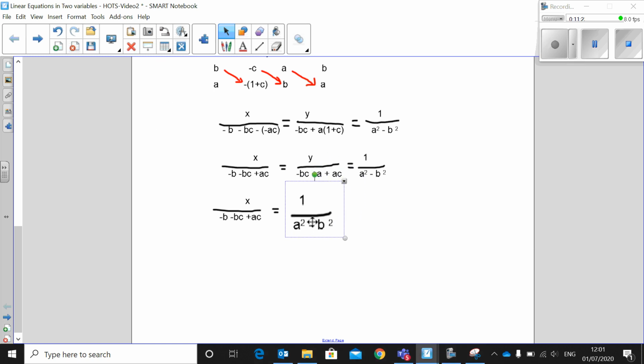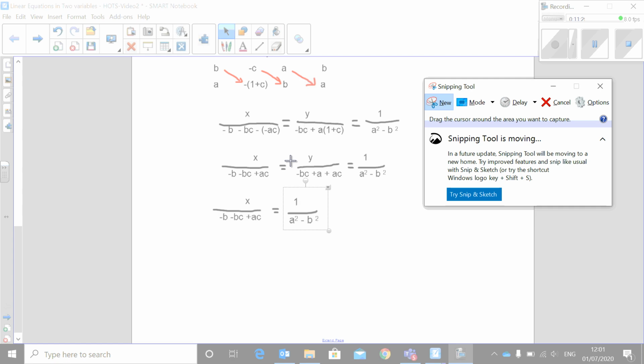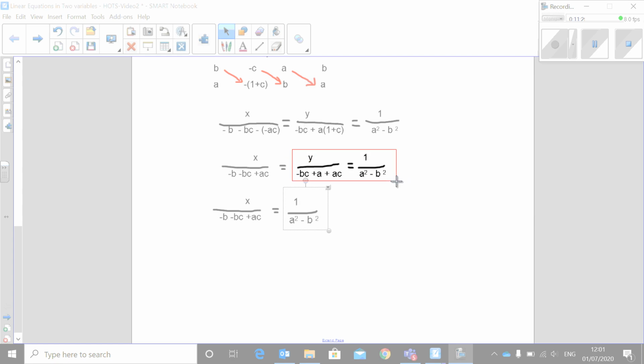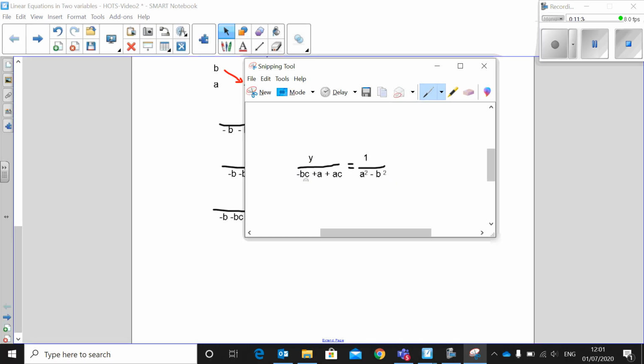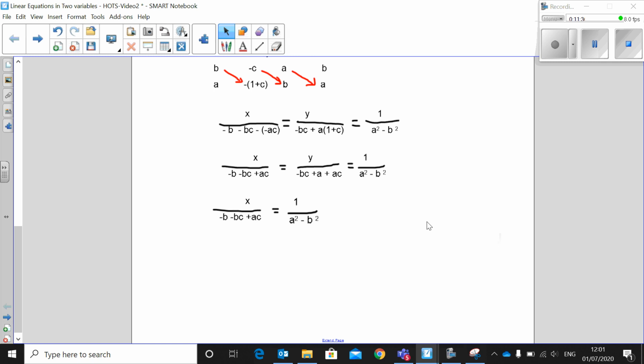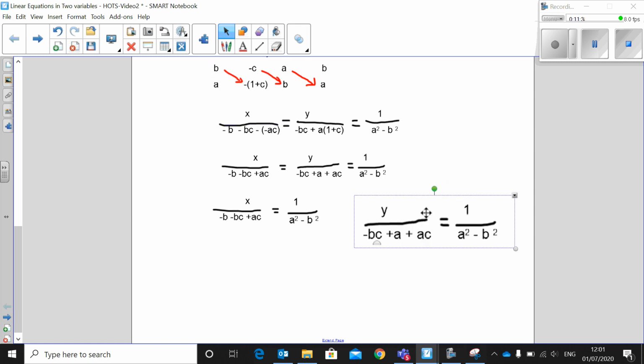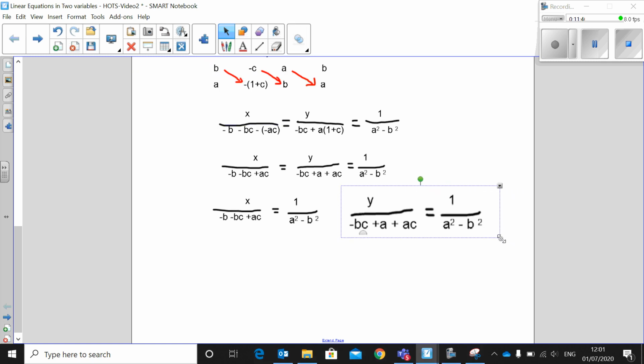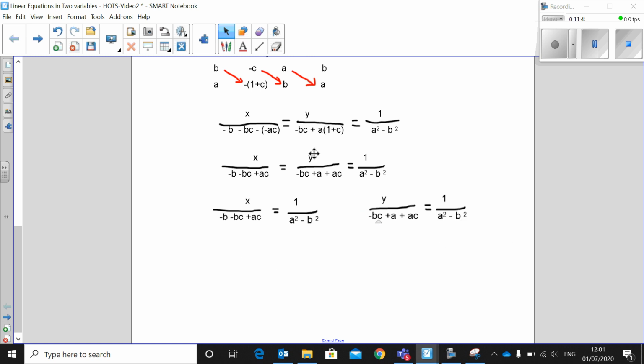So we got it. Then the second set of equation is nothing but y divided by minus bc plus ac, which is equal to 1 divided by a square minus b square.